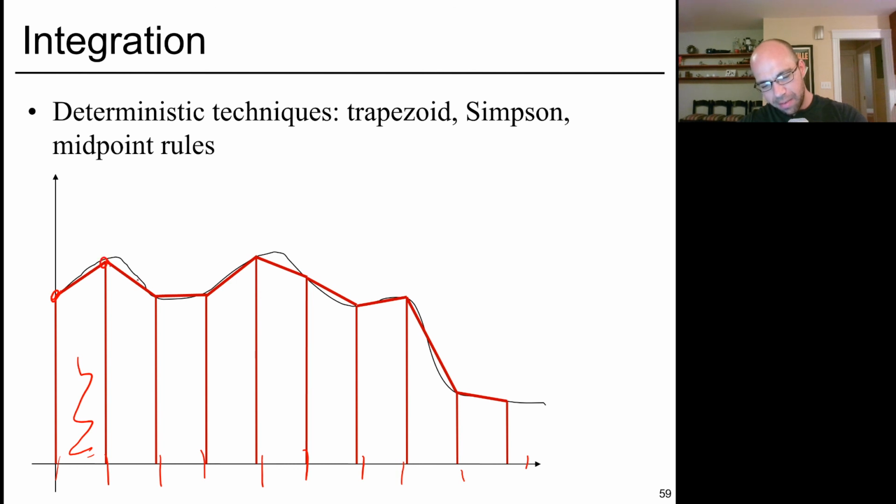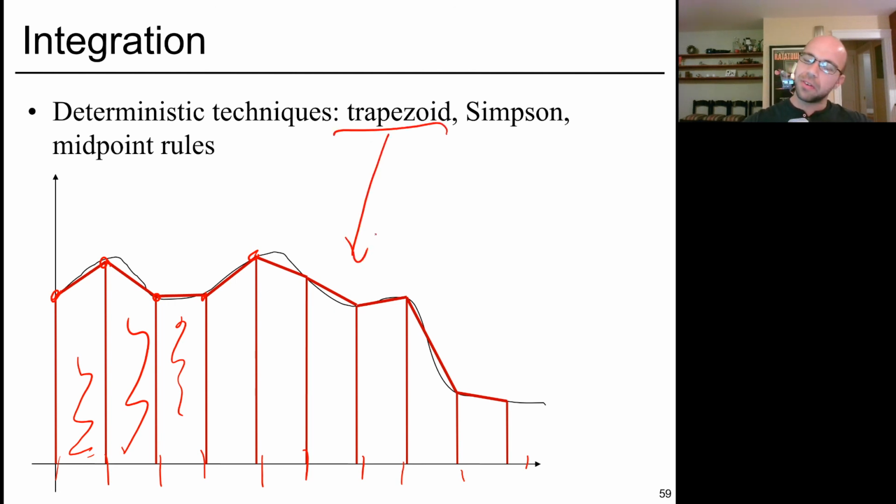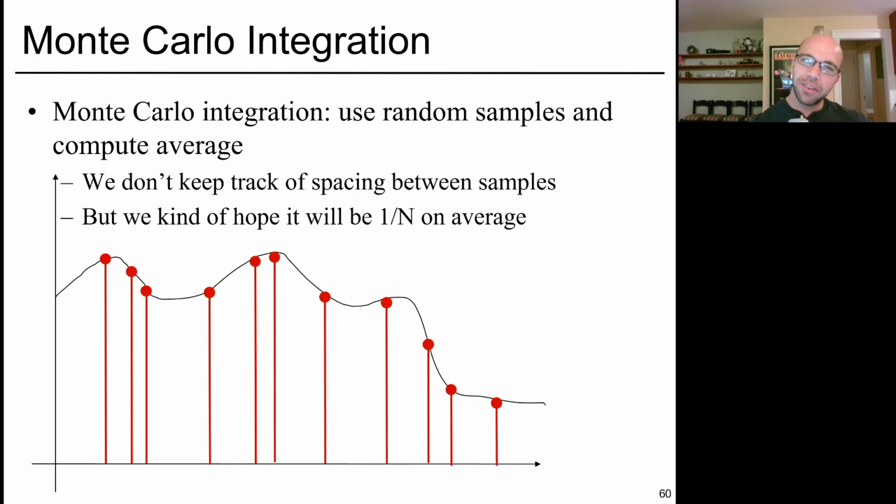Here we've approximated it with linear chunks and then summed up all these areas, and what you would get is maybe the trapezoid rule. There are all these different rules for approximating integrals, and a reasonable question you might ask is, why don't we use these in rendering? Instead, we use a different technique called Monte-Carlo integration, which I've already alluded to, which essentially randomly draws these points on the horizontal axis and then uses their averaging in order to approximate the integral.